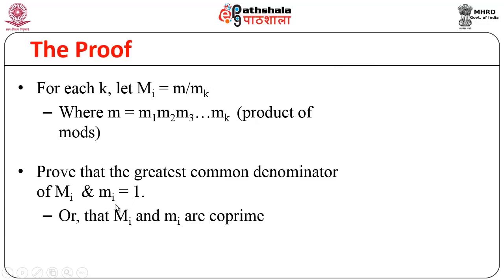That means capital Mi and small mi are co-prime to each other. So that is what we say in the case of cryptography, where whenever I am choosing the set of congruence values, they must be co-prime, or relatively prime, to the modulus, where you can substitute that particular information.